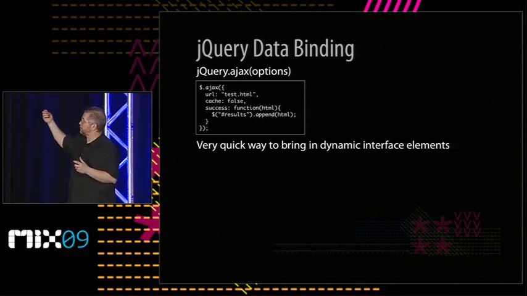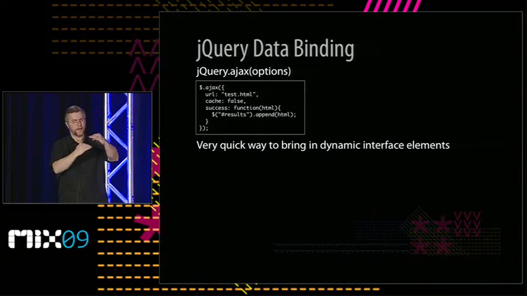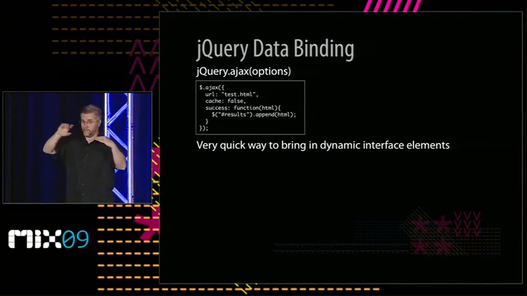And then I'm going to append what I got back from the AJAX call into that page. So I have some module, for example, and that's called the #results. Say it's search results, right? And I've got the ID of results on it. This code here would then go out and find test.html and plug it into that container on the page.